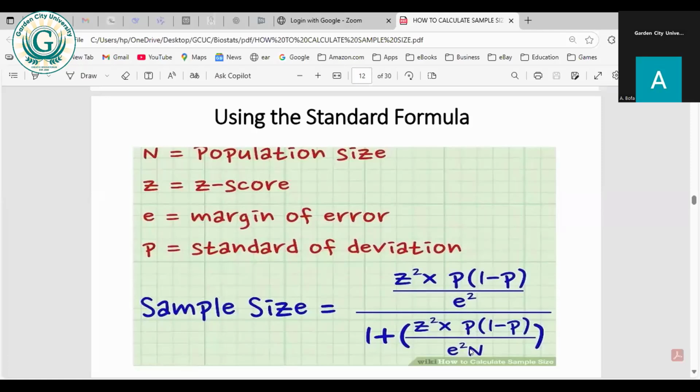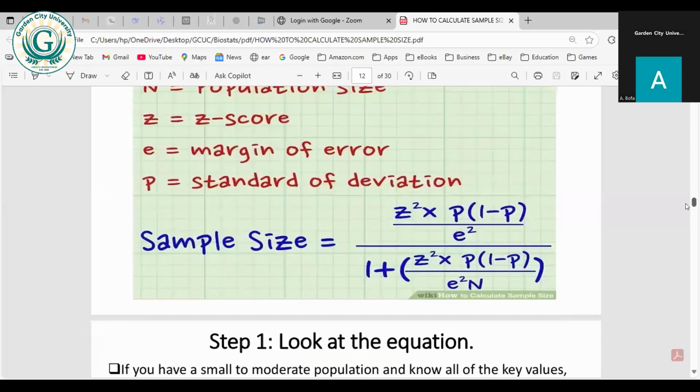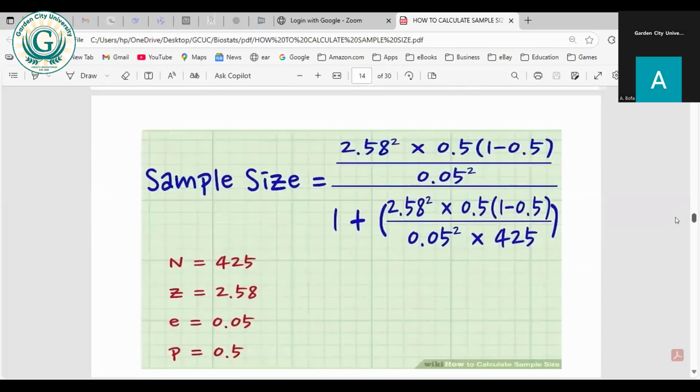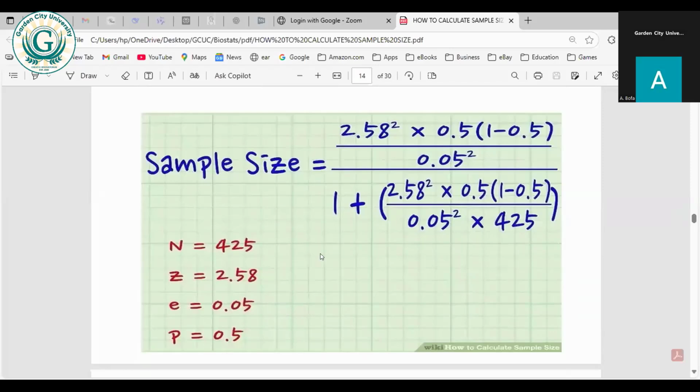Now we know that capital N stands for population size, Z stands for the Z-score, E stands for the margin of error, and P stands for the standard deviation. Now let's put in some values and see how you calculate it. We have a Z-score of 2.58.